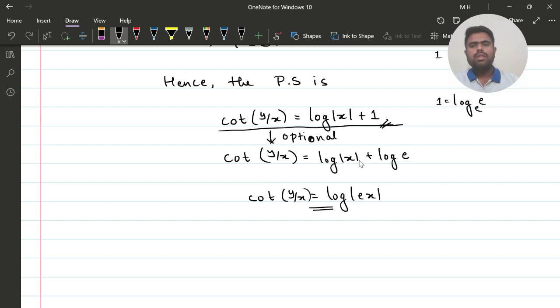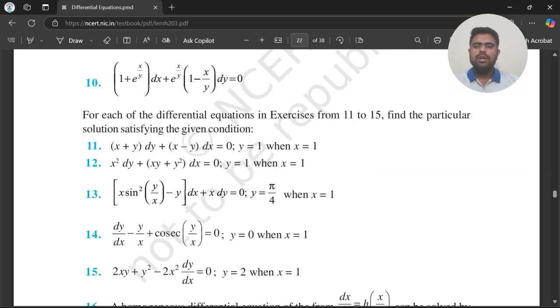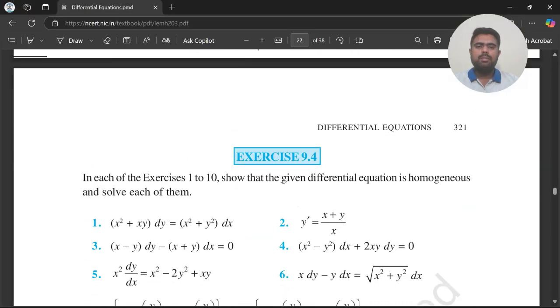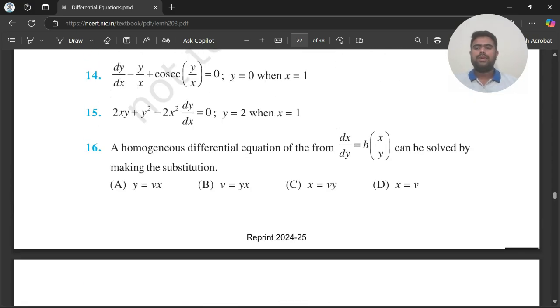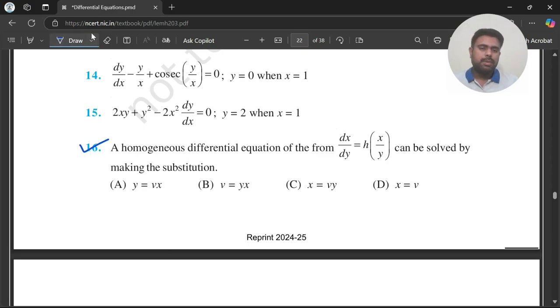Fine. I think there is an MCQ in the textbook. We will check it out. We'll go to the textbook. In the exercise 9.4, as you can see, at the last you have one function that is given, that is the 16th one. The function is h of x by y.